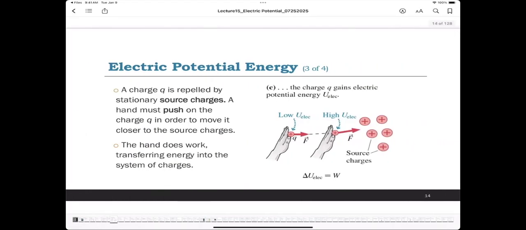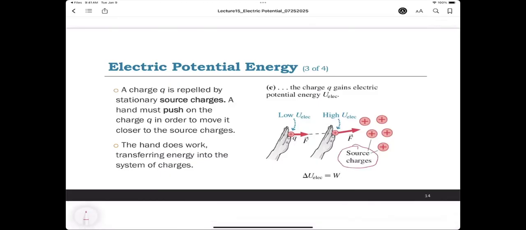A charge Q is repelled by stationary source charges. A hand must push on the charge Q in order to move it closer to the source charges. You can see here there are some source charges and a charge Q. This charge Q is positive.